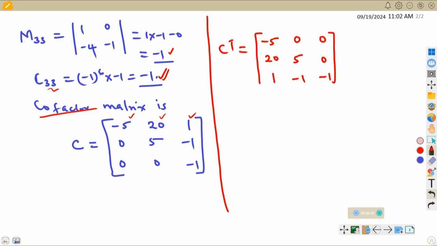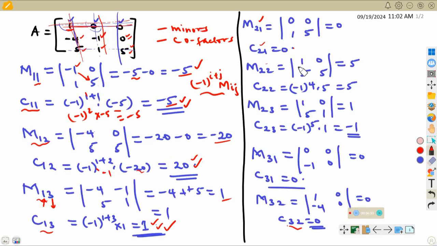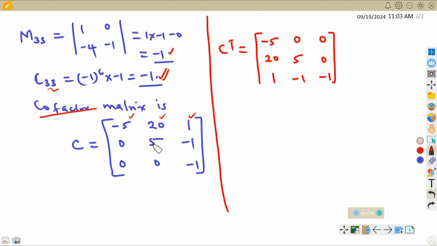Then next we shall have, for row 2, C21, which is 0, C22, which is 5, then C23, which is -1. So 0, 5, -1 is the second row.